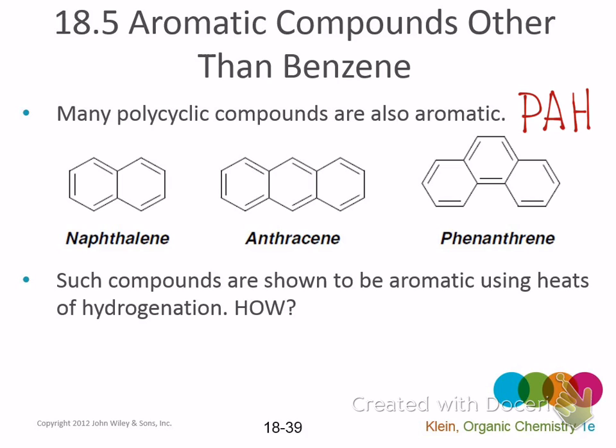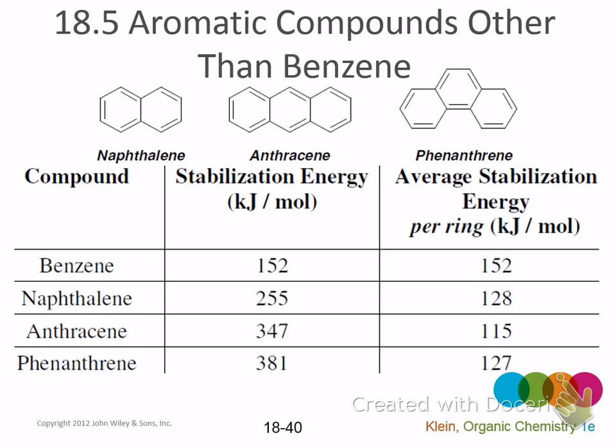Polyaromatic hydrocarbons are found in all kinds of things that you barbecue. Why do you find them in things that you barbecue? Because of charcoal. When you burn stuff, a lot of these compounds will form. Do you think they're good for you? No, they're not. They taste good though.